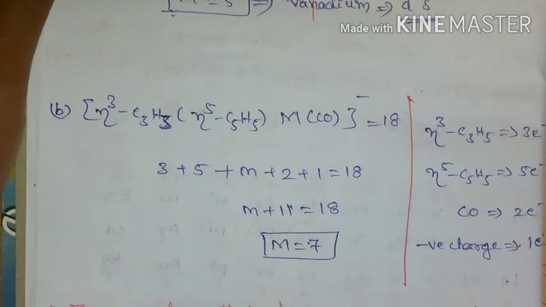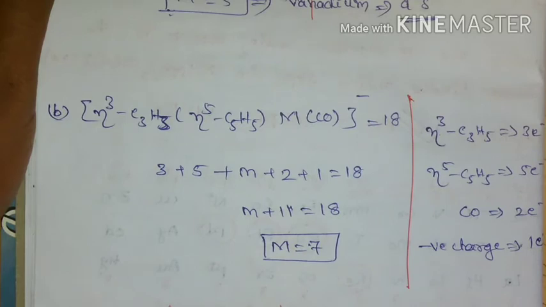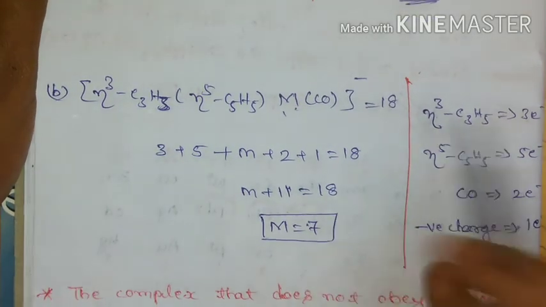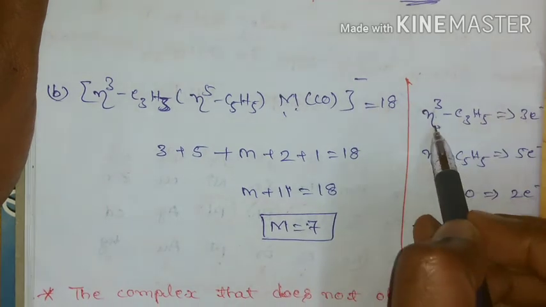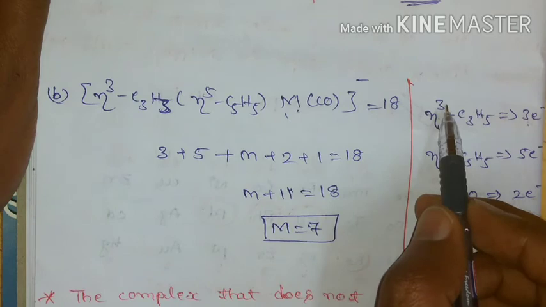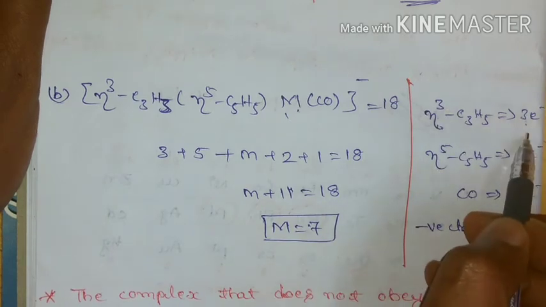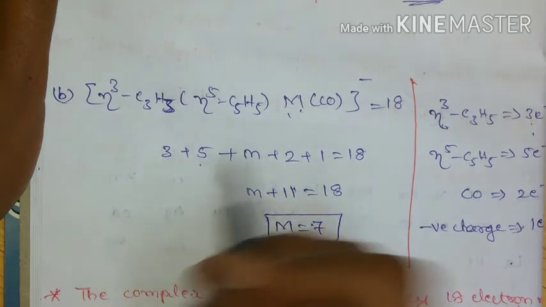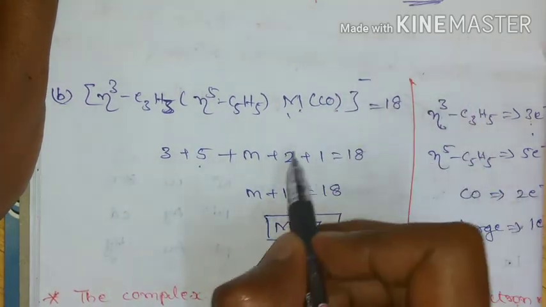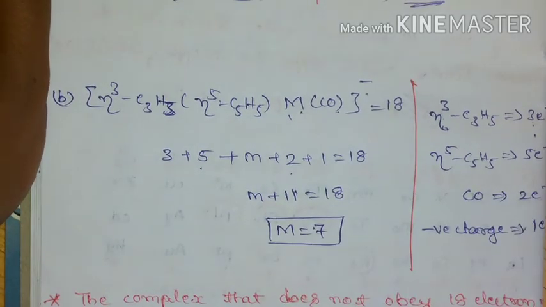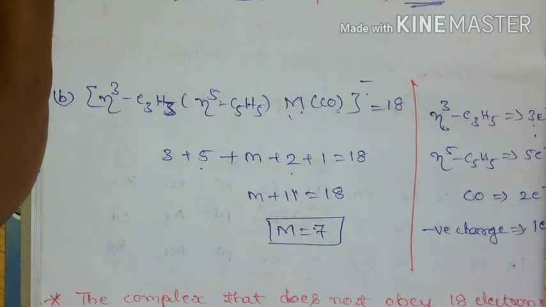Similarly, if we come to the next complex, here we need to find which metal. Here eta 3: since it is the neutral method, hapticity will be equal to electrons contributed. So it is having eta 3, hapticity 3, so it is going to contribute 3 electrons. Here it is eta 5, it is going to contribute 5 electrons. CO, a neutral ligand, is going to contribute 2 electrons, and the negatively charged ligand is going to contribute 1 electron.